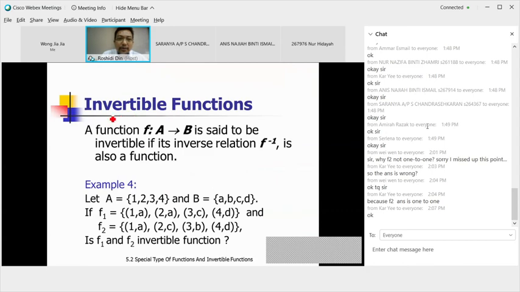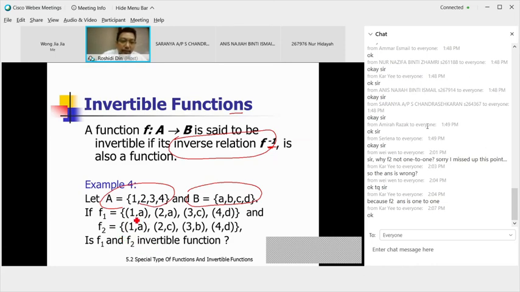Now we talk about invertible function. For invertible function, we refer to the inverse relation, meaning F to the power of minus 1. It is also a function. If that function can be inverted, we call it an invertible function. For example, given A equal to 1, 2, 3, 4 and B equal to A, B, C, D, try to find whether F1 and F2 are invertible functions or not.